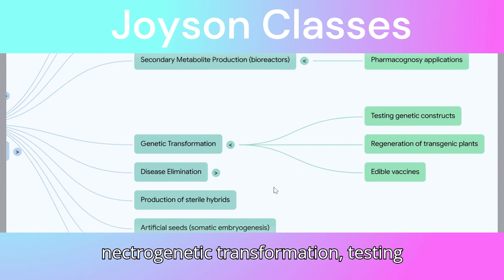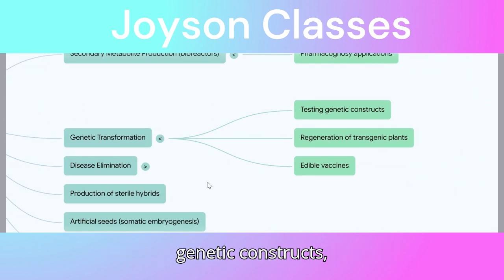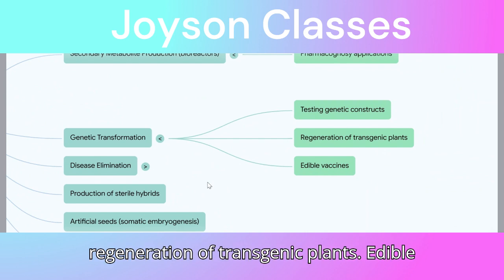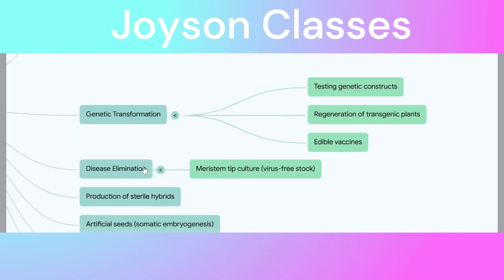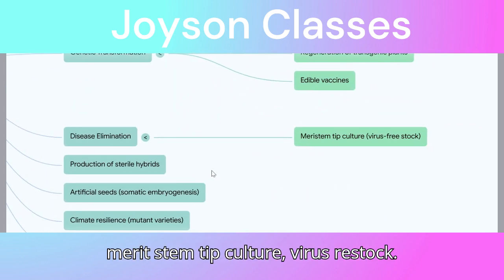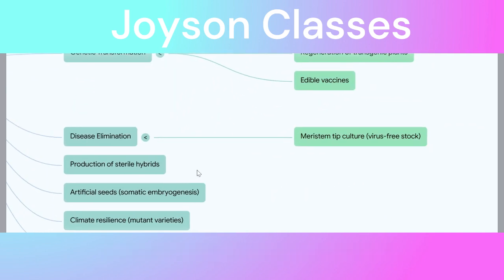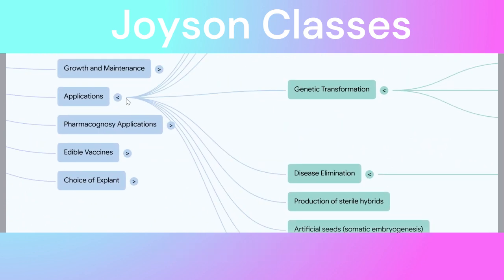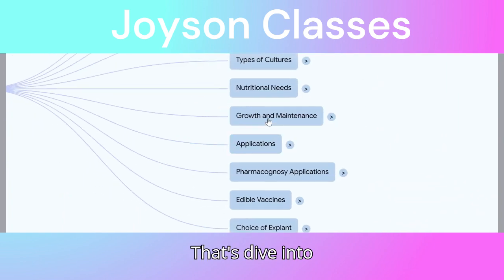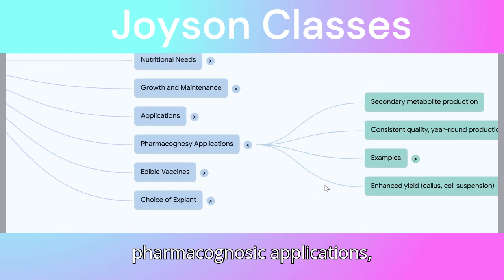Next, genetic transformation: testing genetic constructs, regeneration of transgenic plants, edible vaccines. Disease elimination: meristem tip culture, virus-free stock. That's all in applications.